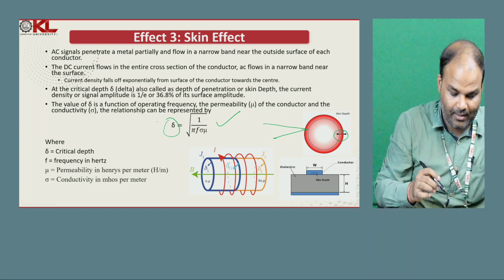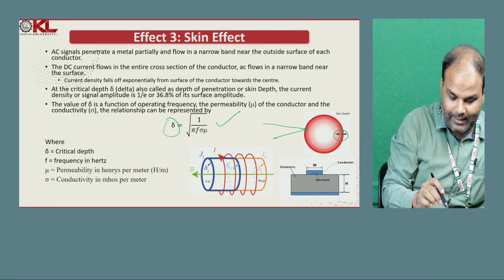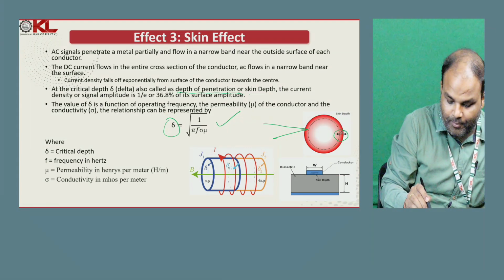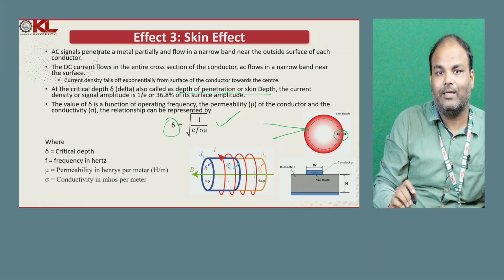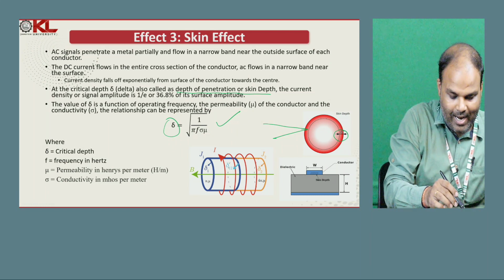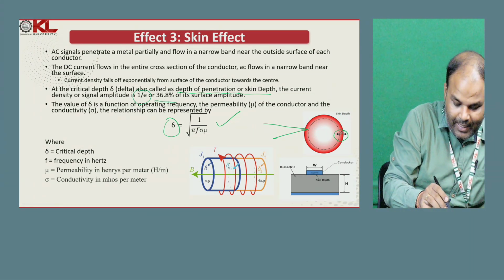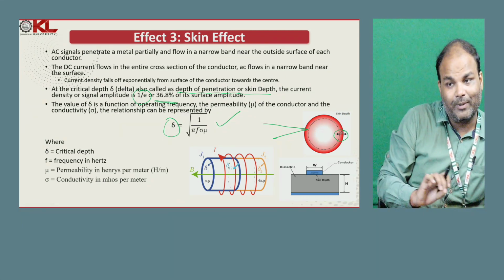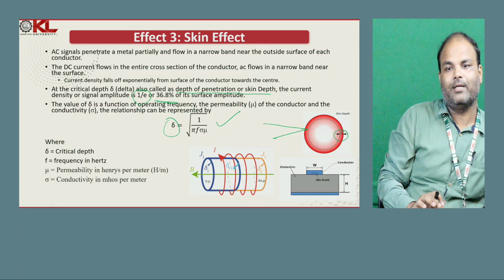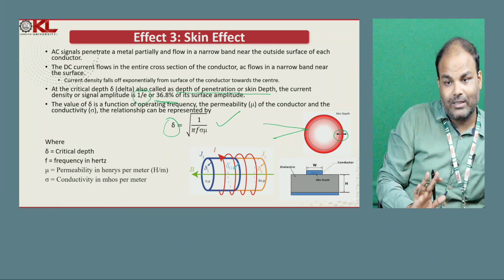What is the definition of skin depth? The depth of penetration at which the density or signal amplitude is 1 by e, or 36.8% of its surface amplitude. If it is penetrating to 36.8%, then that is known as the skin effect.